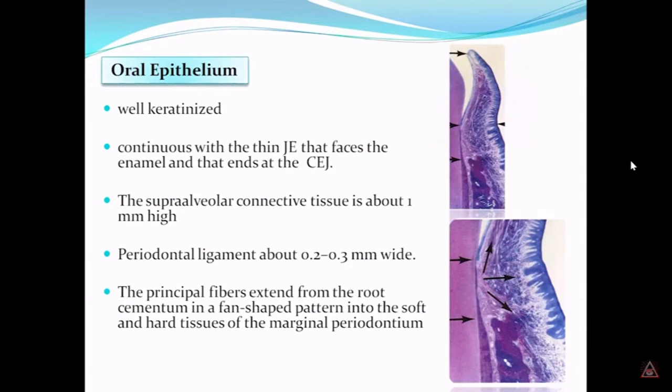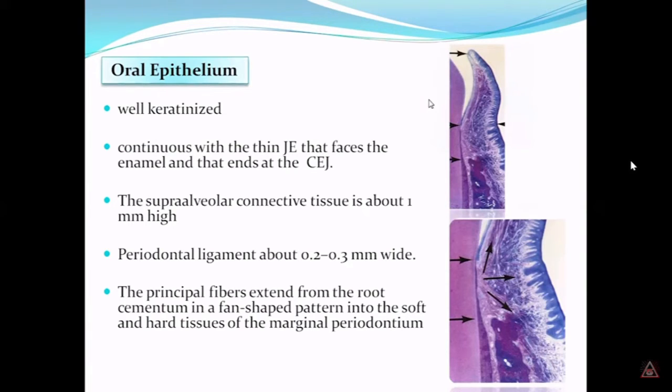Width is 1 mm. The periodontal ligament is present around the teeth, about 0.2 to 0.3 mm in width, and principal fibers extend from the root cementum in a fan shape. So this is normal; we're talking about normal teeth.